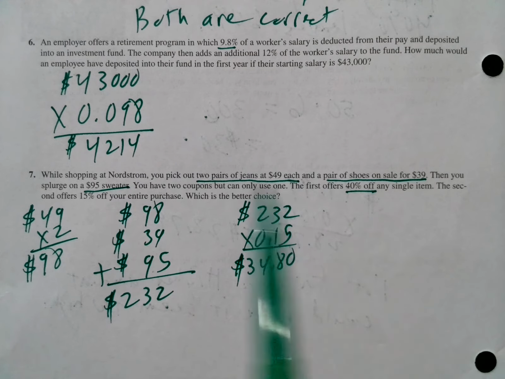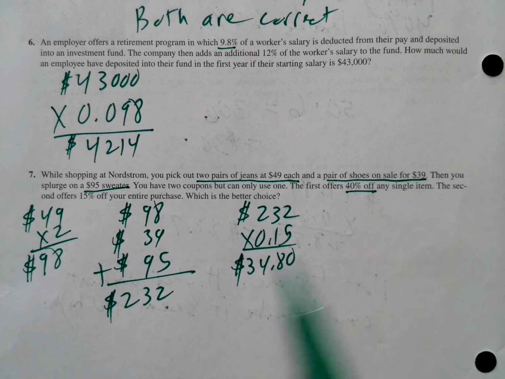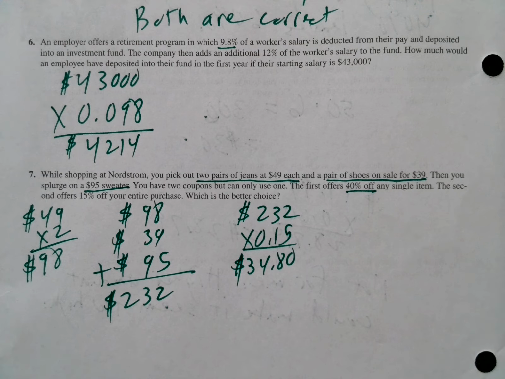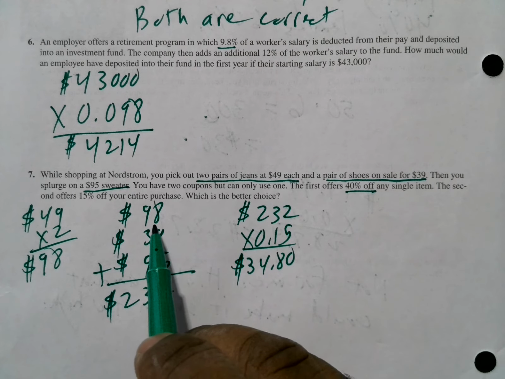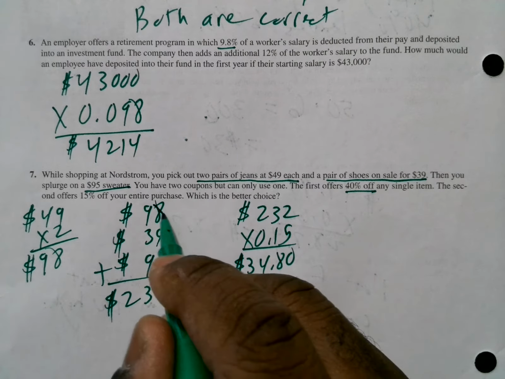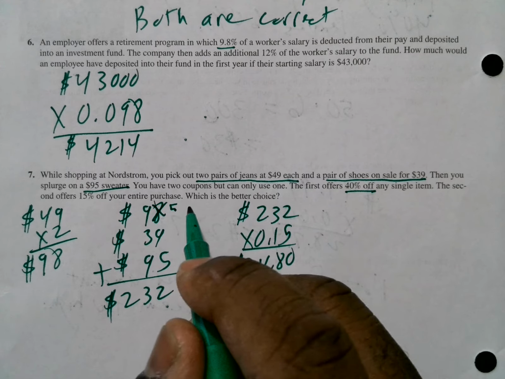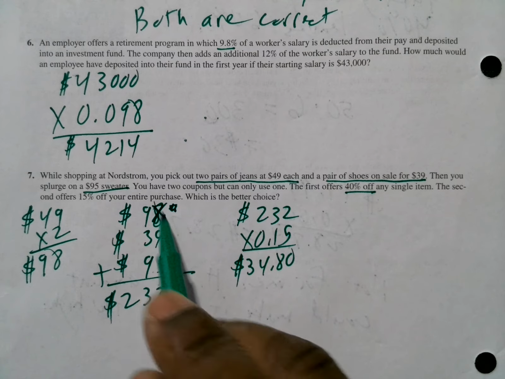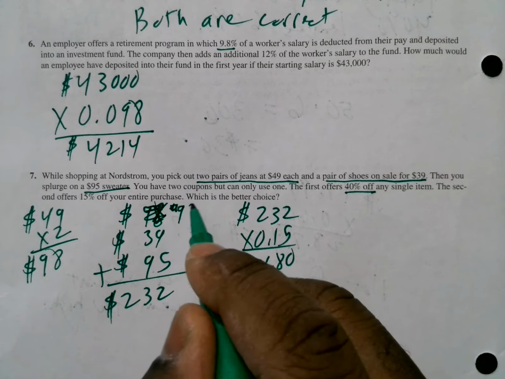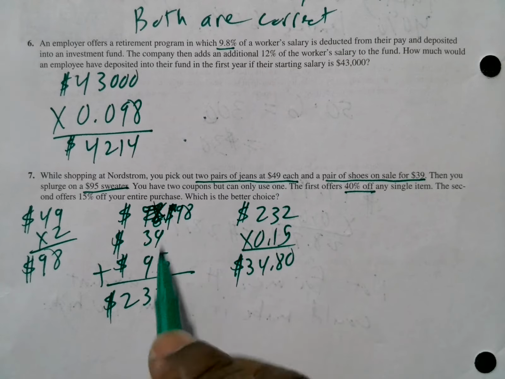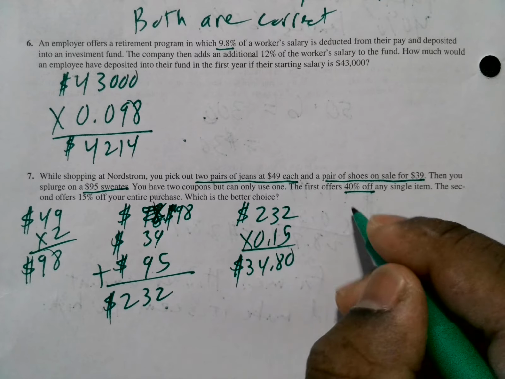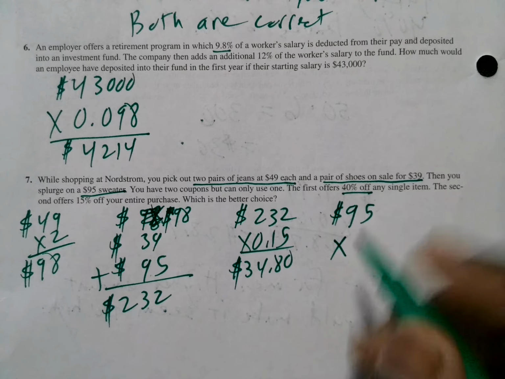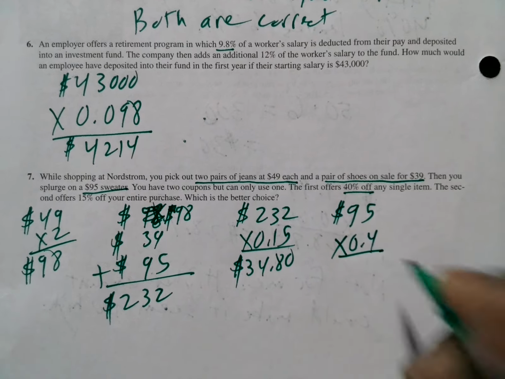Now, if we go to the 40% off, we're going to take the highest value. Oh, you know what? I made an error here. Wait a minute, no, that's right, it is $98. Okay, so the highest single value here is the $95. So we'll take the $95 and multiply that by 0.4.